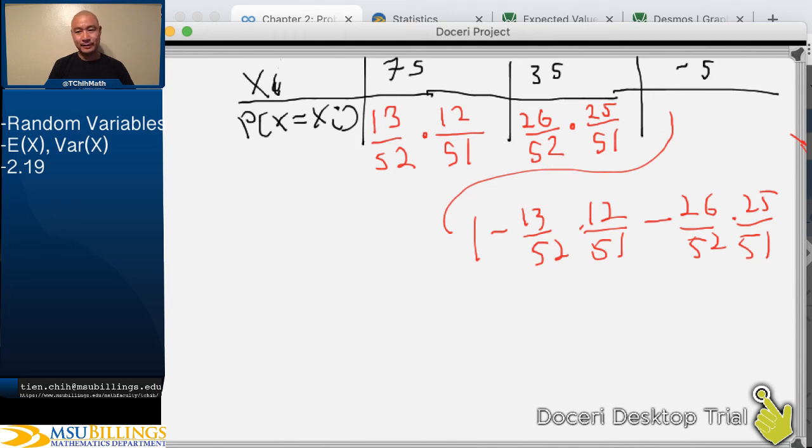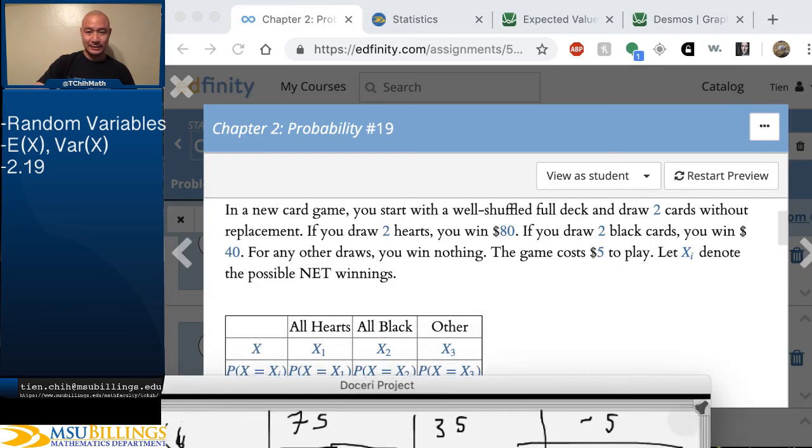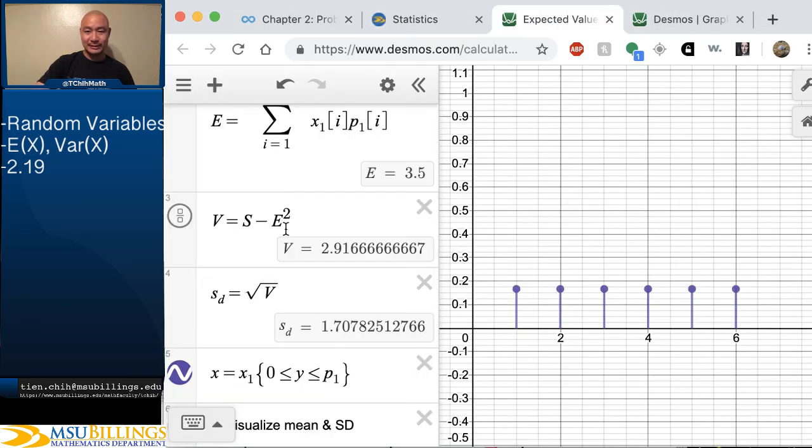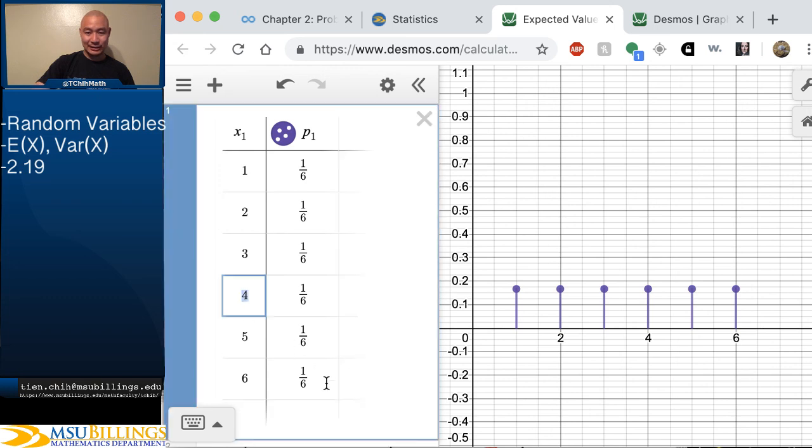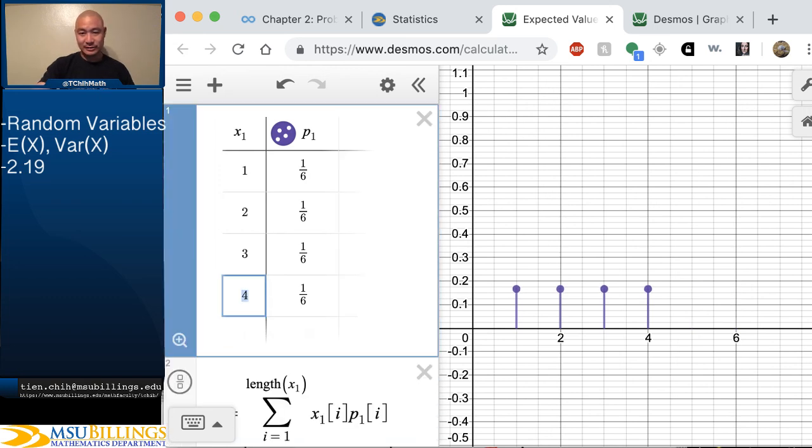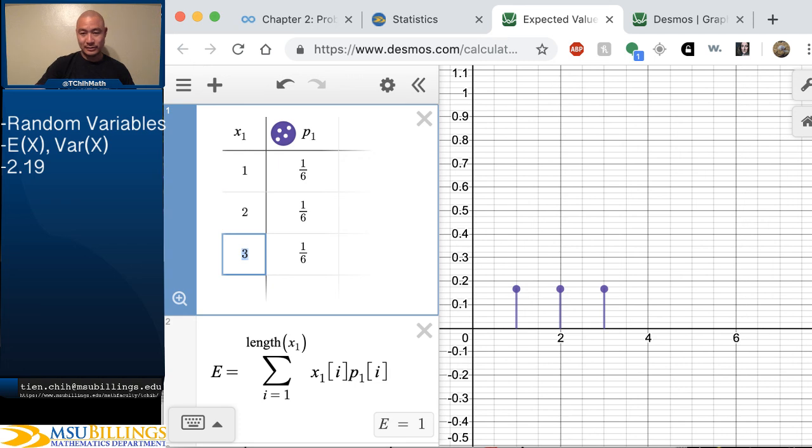All right. So with that said, we can go ahead and actually maybe compute these probabilities. And again, I suggest using technology to help us out.